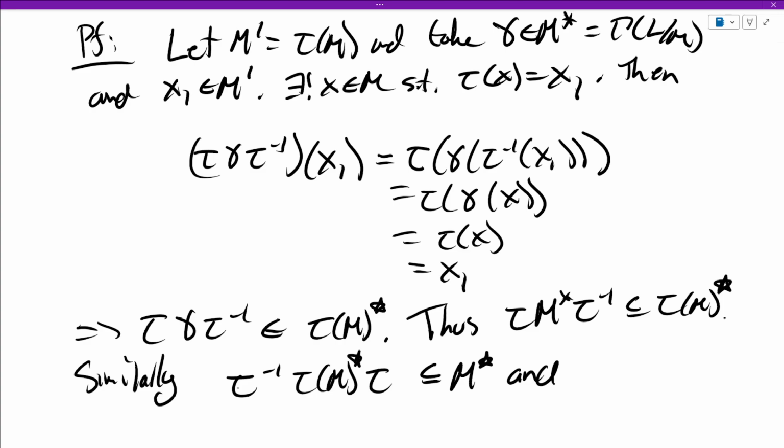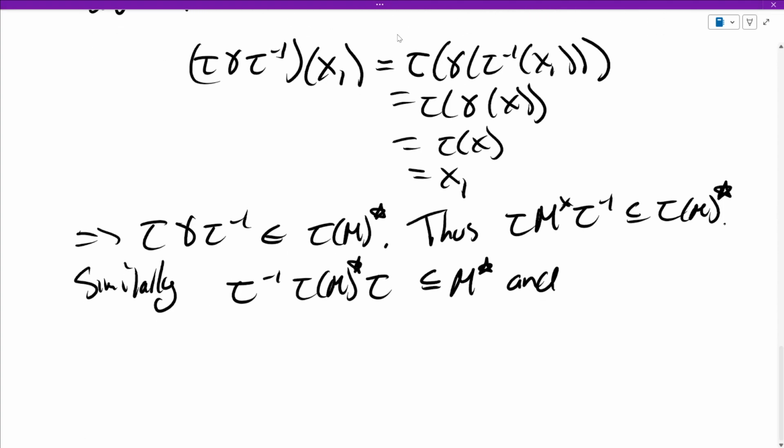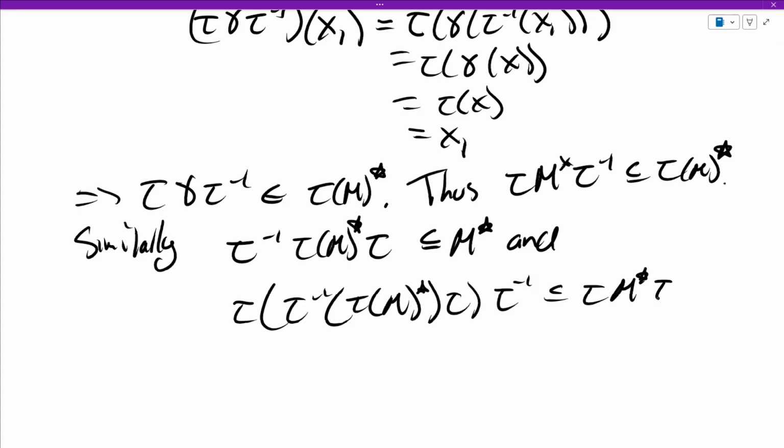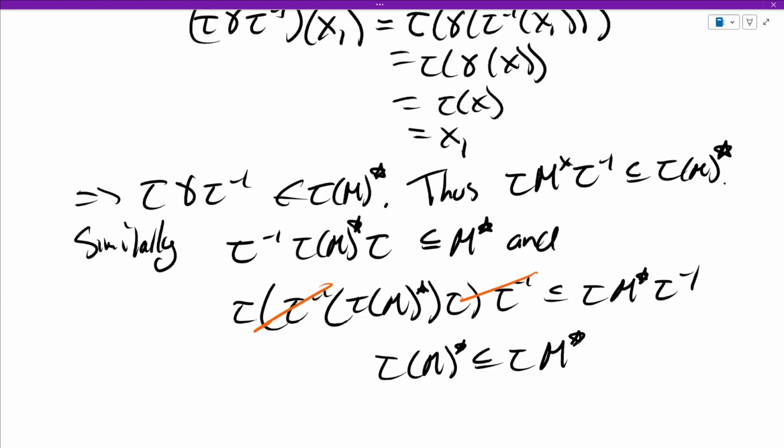And then we can apply tau on the left and tau inverse on the right. And so what do we get? They cancel, of course. And this gives us the other direction of our containment. This is a subset, sorry, that's good. Thus they're equal.